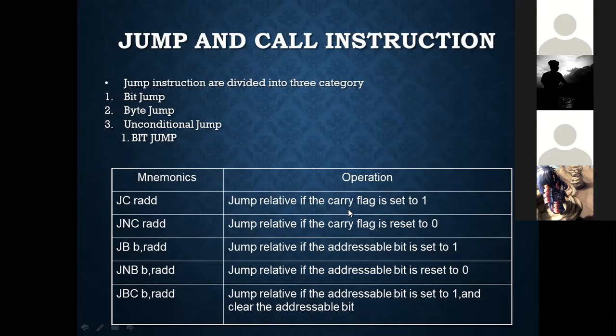The program counter cannot store this address by itself. So whenever this jump operation is executed, automatically the present program counter content 80A4 will be stored on the top of the stack.